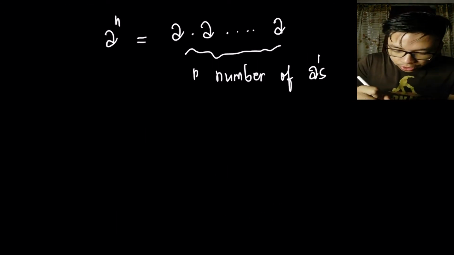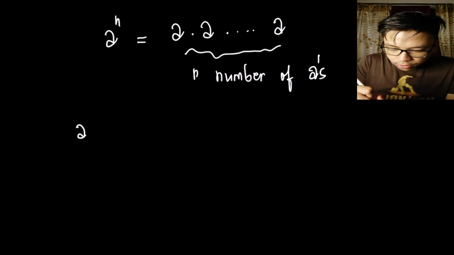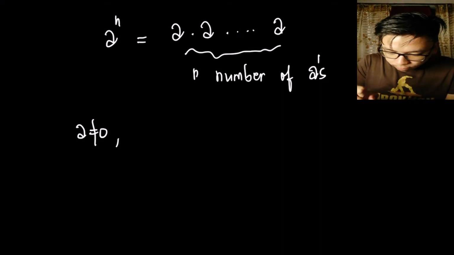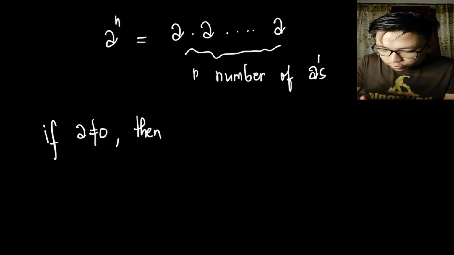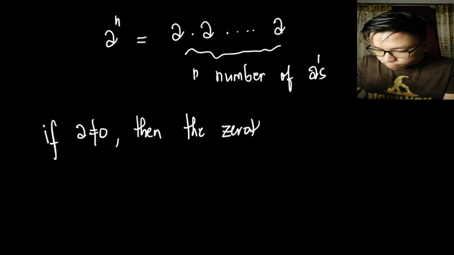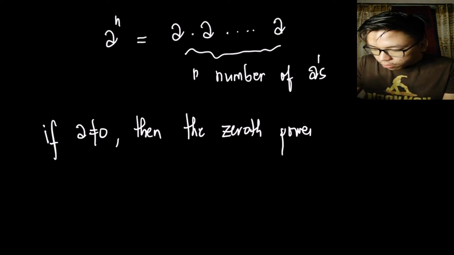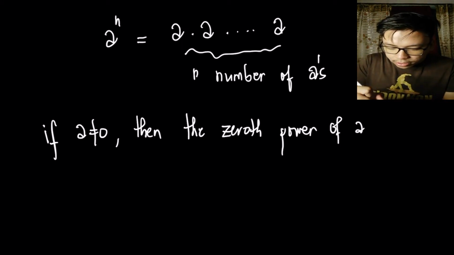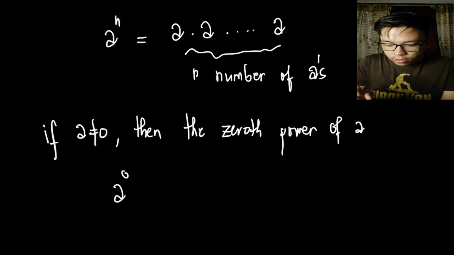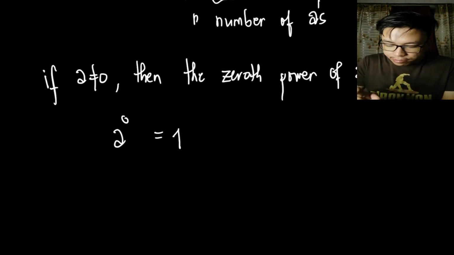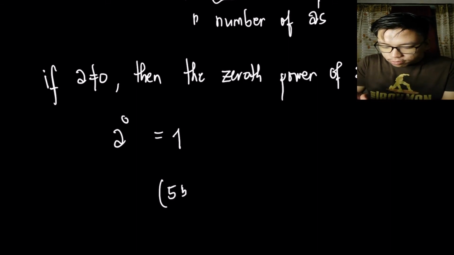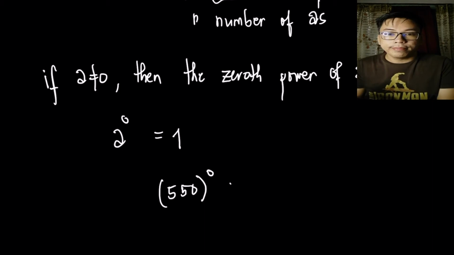Now, if your a is not 0, then the 0th power of a, denoted by a to the 0, is actually 1. So regardless of how big the value of a is, let's say 550 raised to 0, that's always equal to 1.